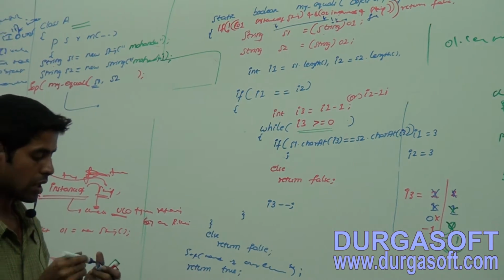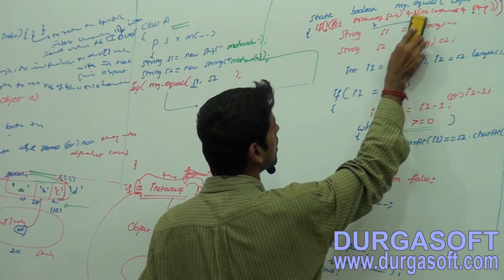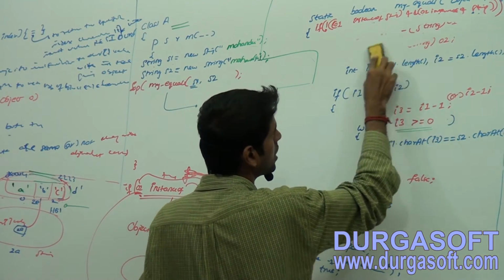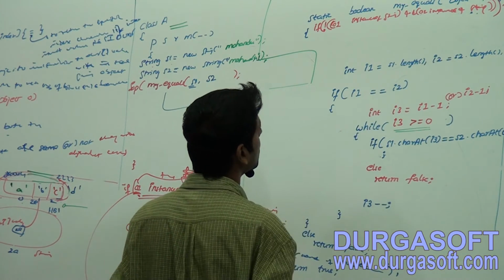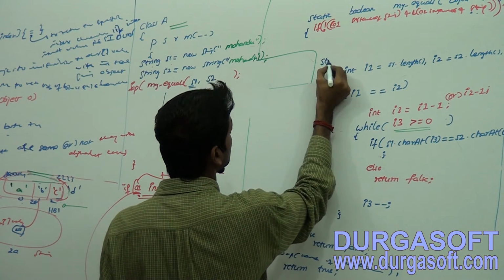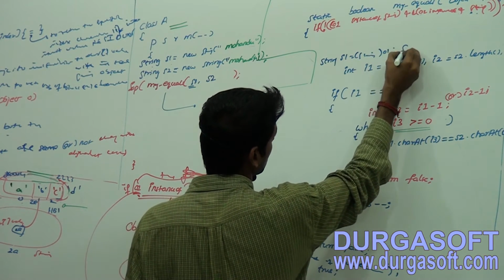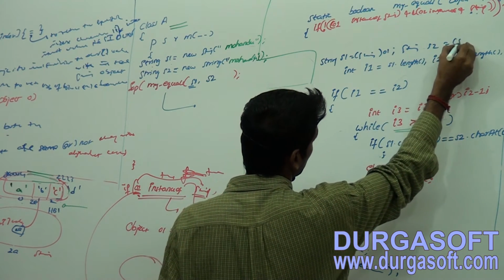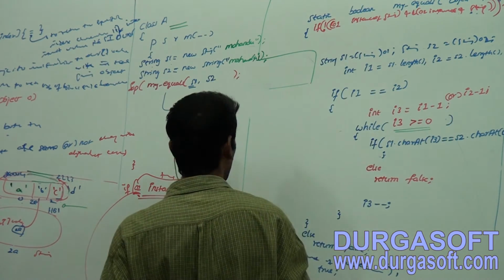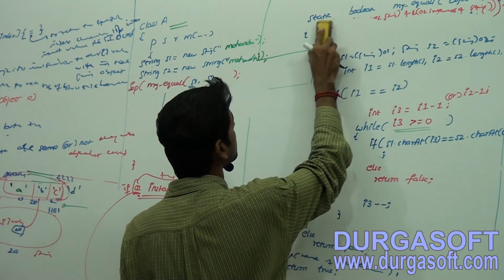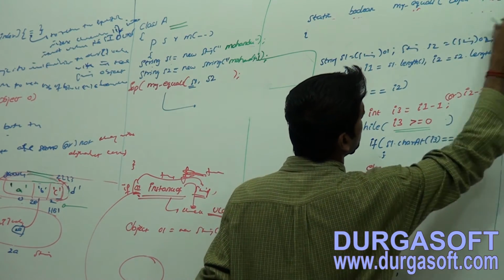Okay, observe, try to do analysis here. I know that it will be a bit complicated. Observe. What is this? String S1 performing typecasting, string S2 performing typecasting. Now observe here what I have taken, a bit complicated one.